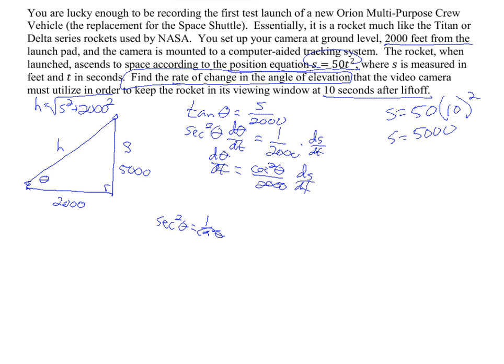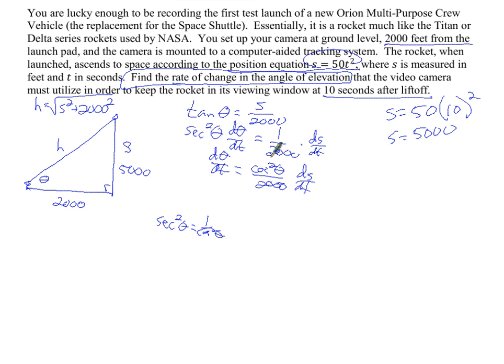Okay, so from this point, there's an easy way to go and there's a hard way to go. You want to go the easy way, which means you need to switch the way you were thinking from earlier. The Pythagorean theorem in this case is nice if we want to find the distance from the camera to the rocket. But we don't need it. We need to come up with some sort of expression so that we don't have to work with cosine.